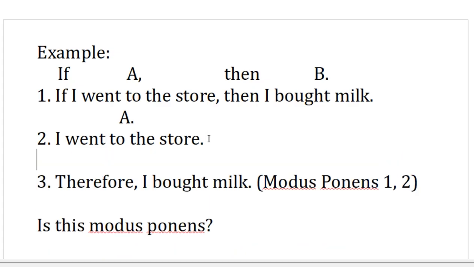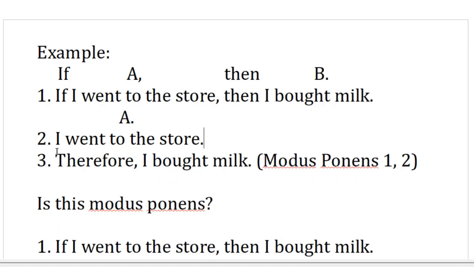That's what you need to do. And you're saying the exact same things in the B slot as well. That's how you know that this is an example of modus ponens.